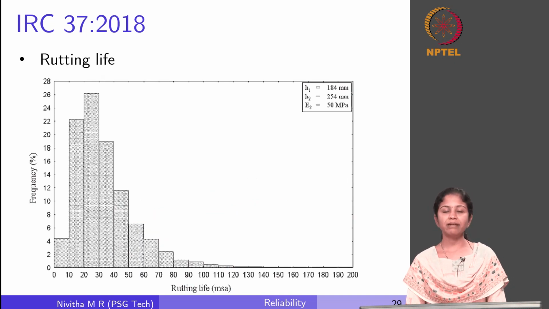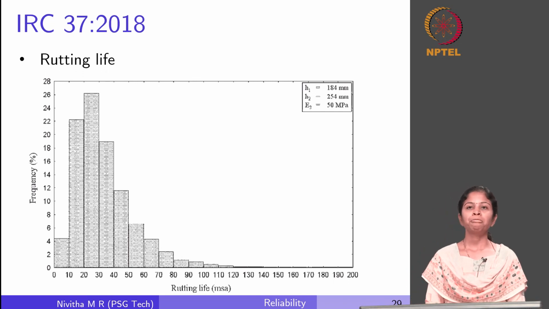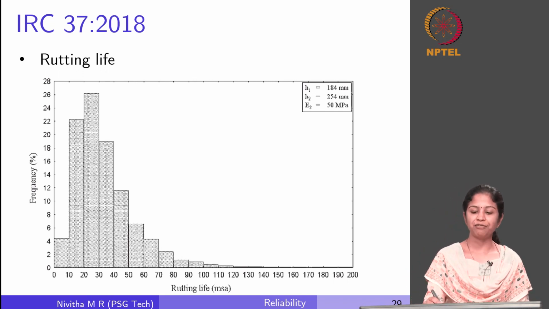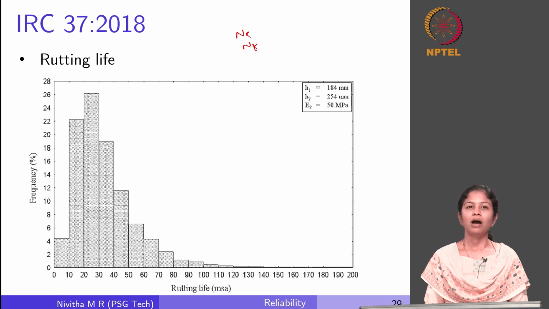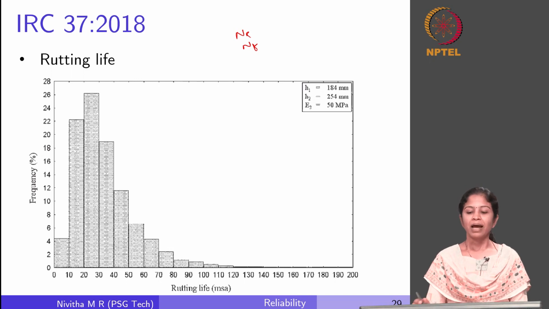So, now considering the variability of all these input parameters, if I consider the rutting and fatigue life of the pavement, you can see this is how it varies. So, it is not a given value, right. We will not get one NF and one NR value, but these NF and NR values are going to be a distribution rather than a single point measurement, and this considers the variability of all these input parameters.